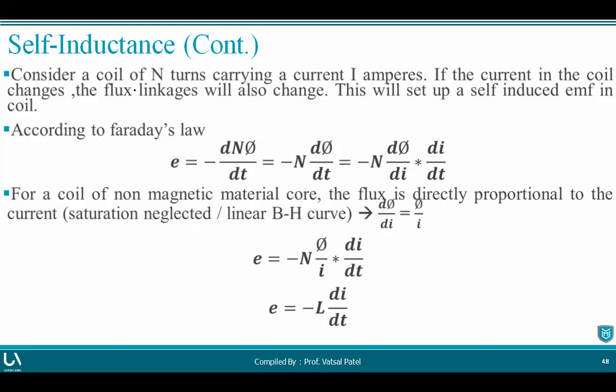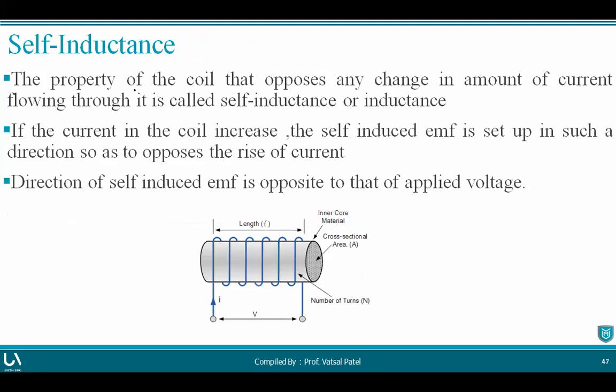And di by dt is the change of the current with respect to time. All this is based on the property of the coil, which says that it will oppose any change in the amount of the current flowing through it. That is identified with the minus sign in our final equation.